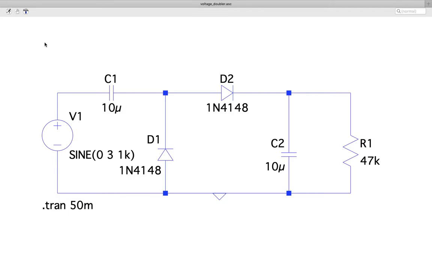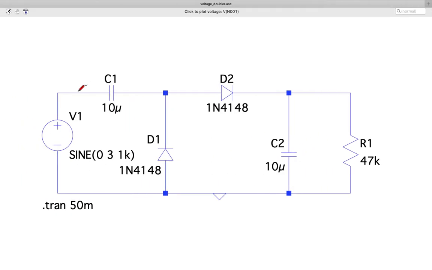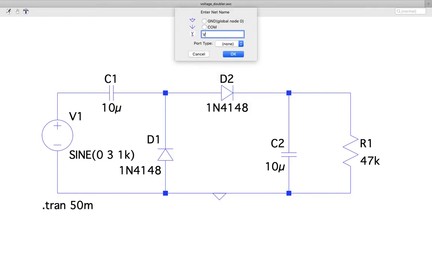So now if I do the simulation, and if I just see the waveform here at the input and the waveform at the output, let's name it before we plot it. Net name V in.